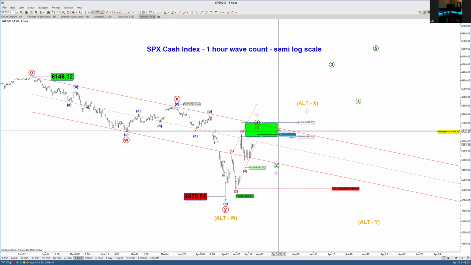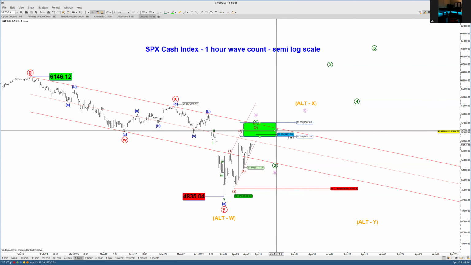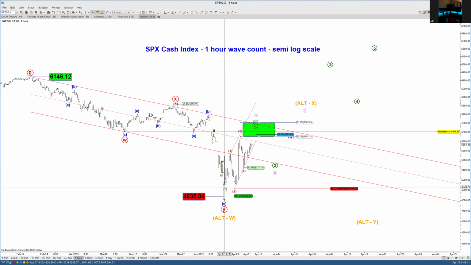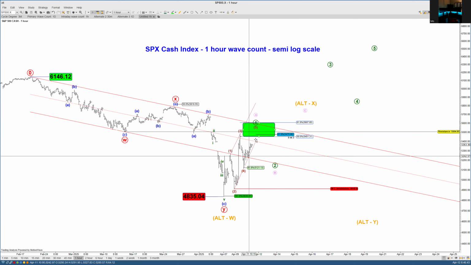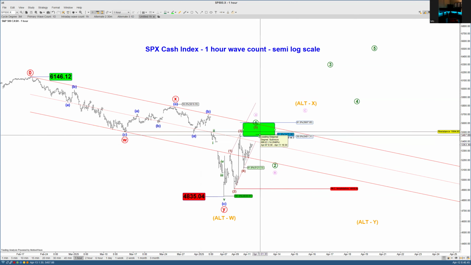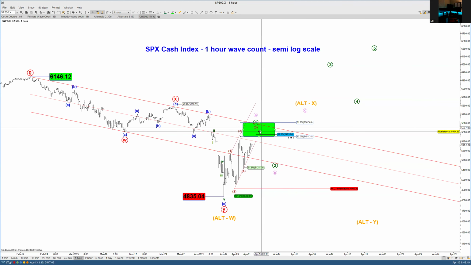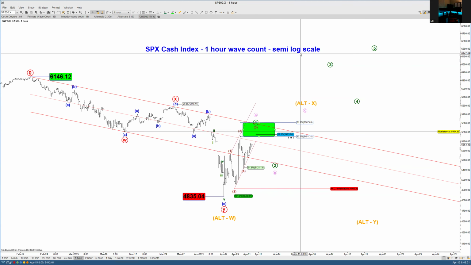So this is going to be our 100-point zone to the upside, from 55 to 56. There's a lot of resistance here, there's no denial, and I don't think the price is going to rip through.